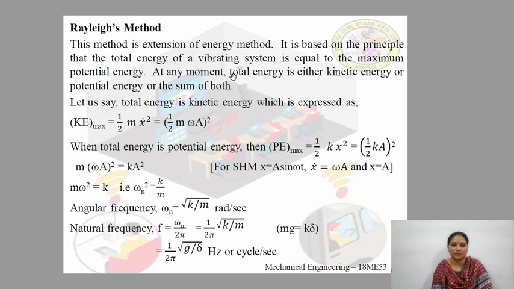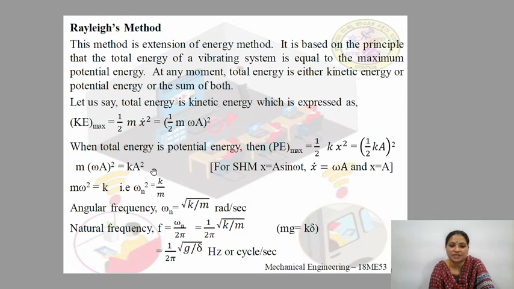So we can write, from the equations of kinetic energy and potential energy, half m (omega a) whole square is equal to half k a square, equating these two equations.